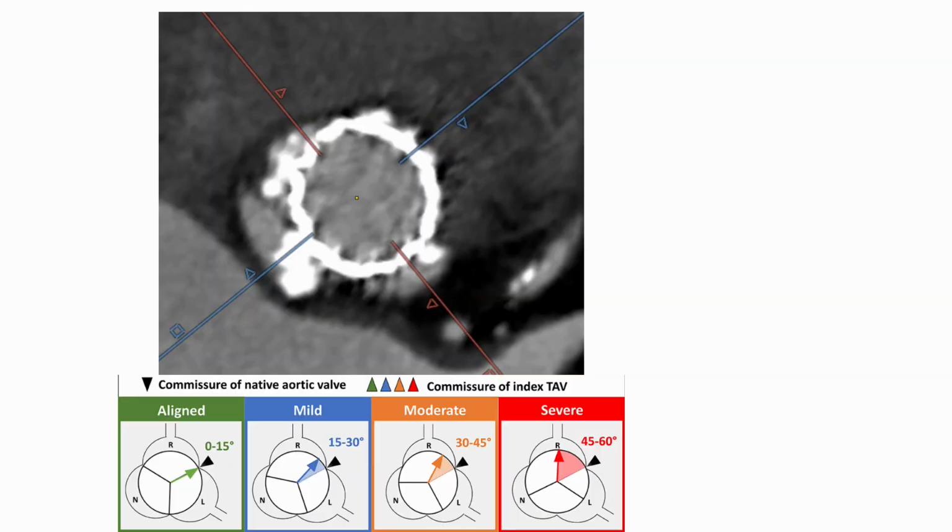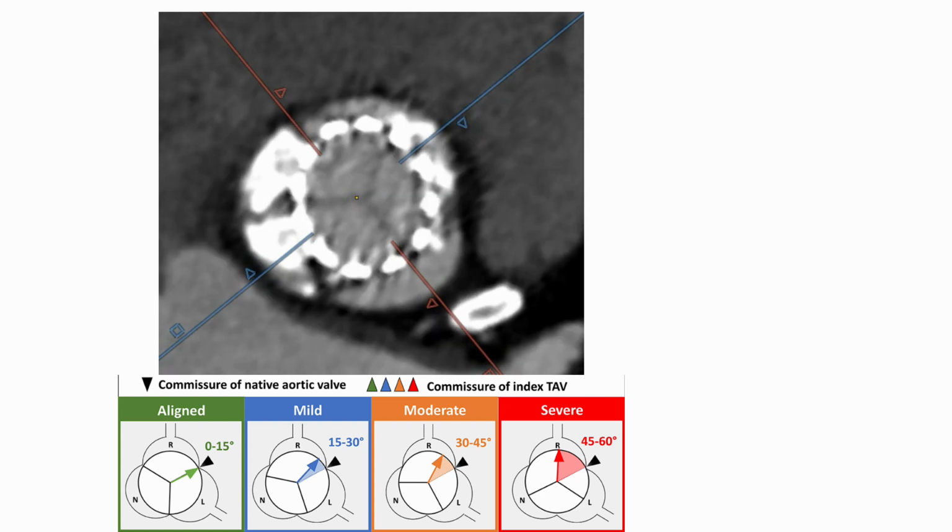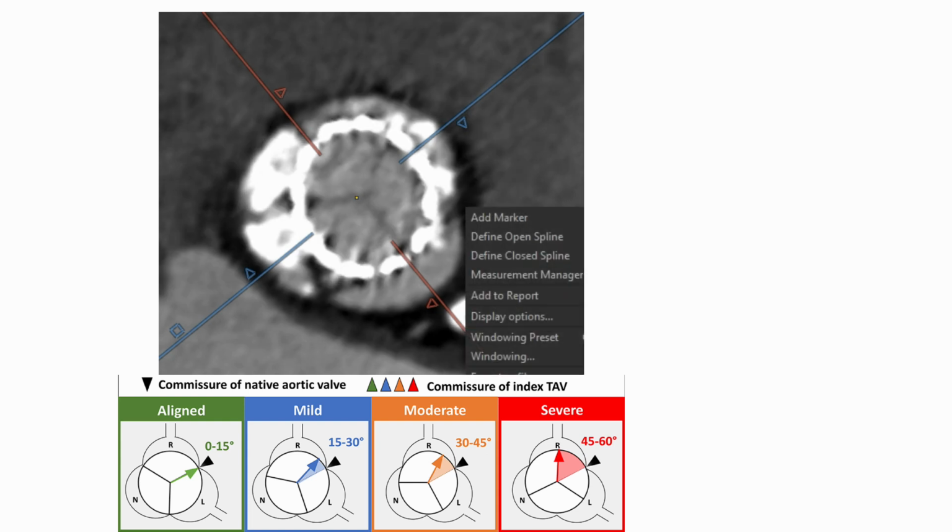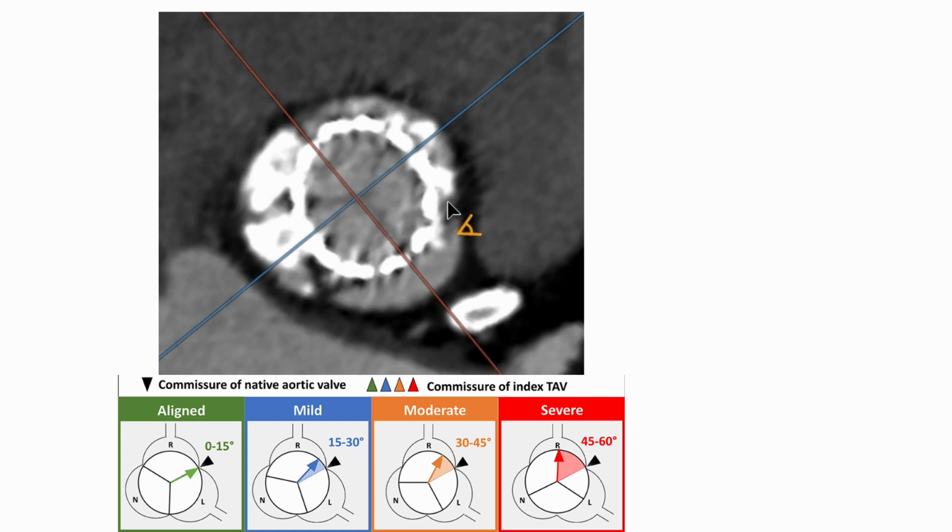And assess commissure alignment, which refers to the relationship between the native aortic valve commissure and the THV commissure tab. The commissure offset is directly measured using an angle tool with the limbs aligned with the THV commissure and the native commissure of the RCC and LCC.